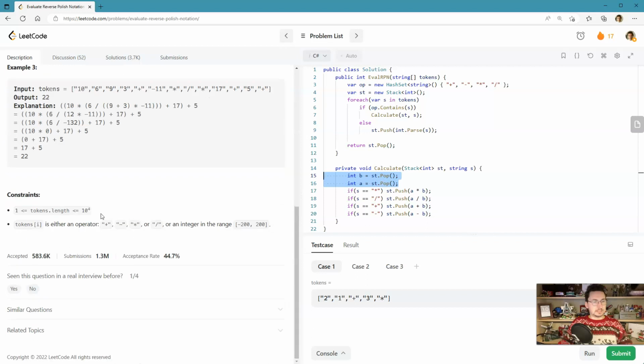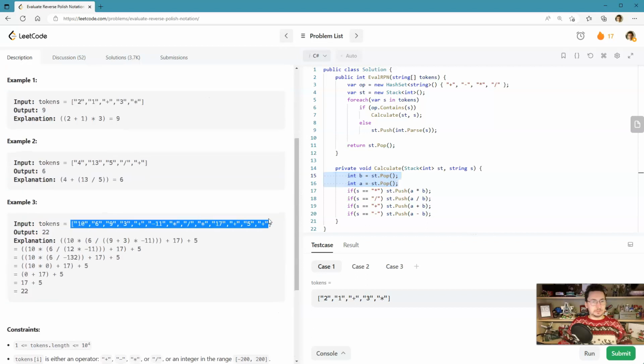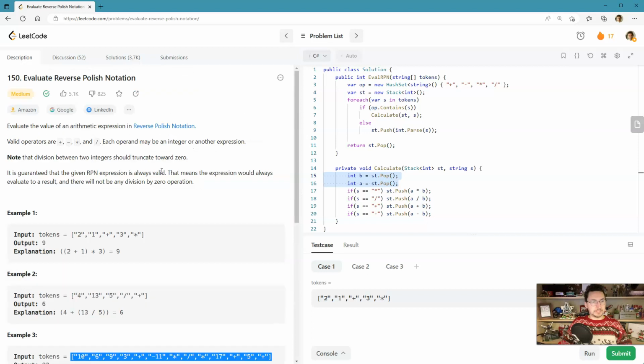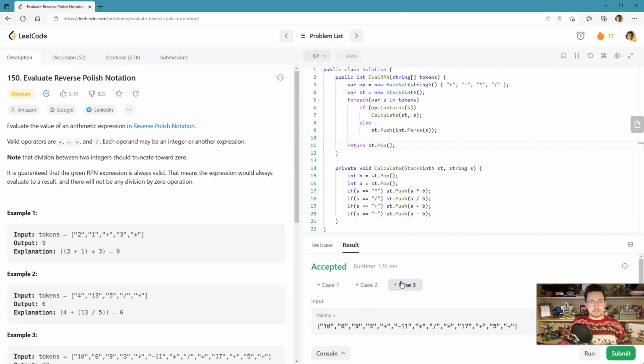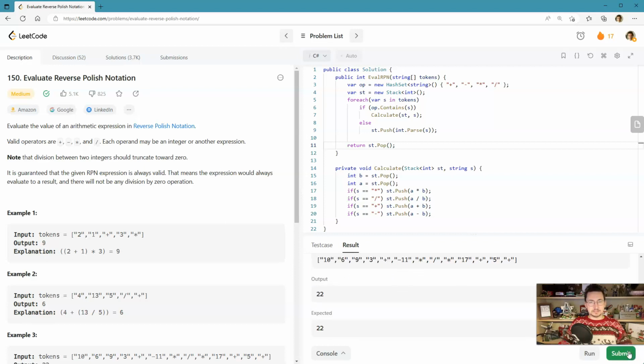Since it is stated here that the input will always be valid, we should not have any issues here. Let's try. Okay, 3 cases are passed. Let's submit.